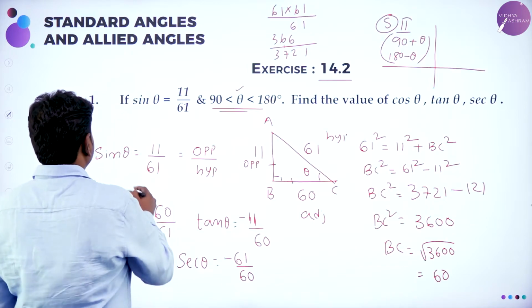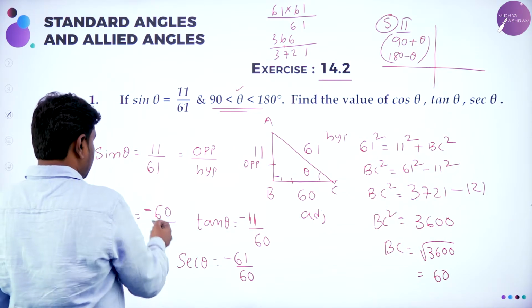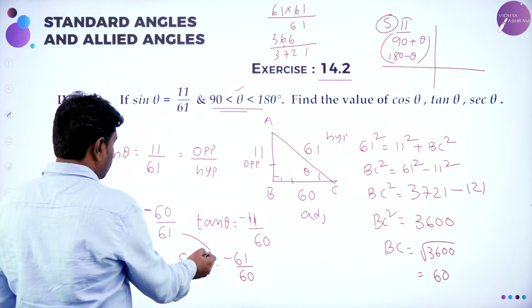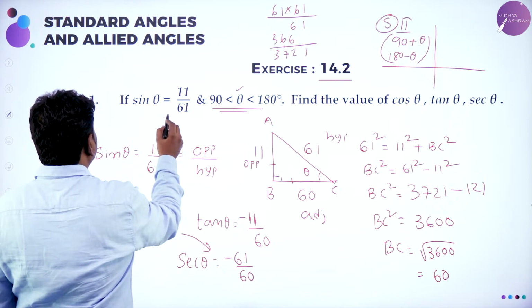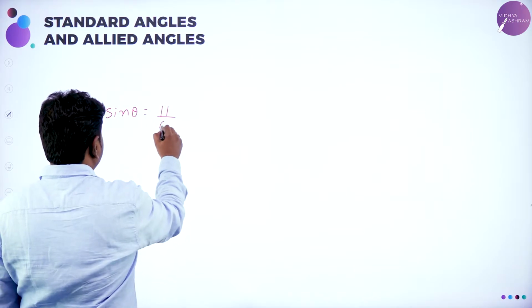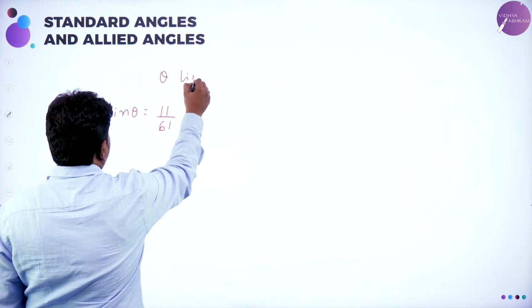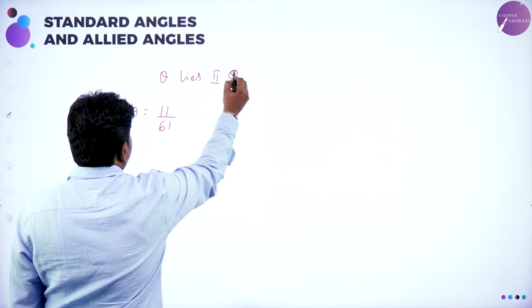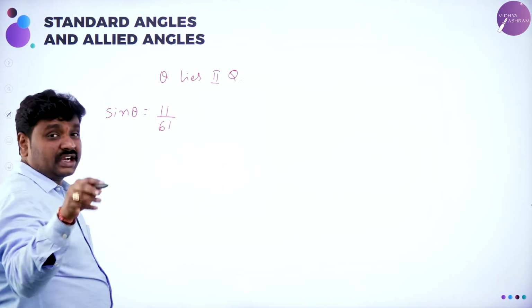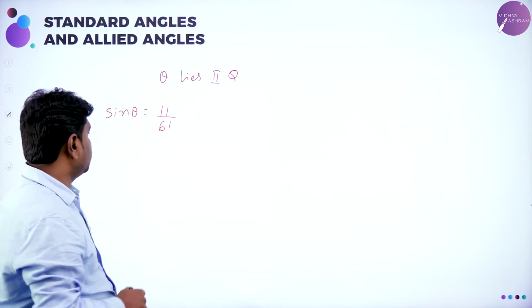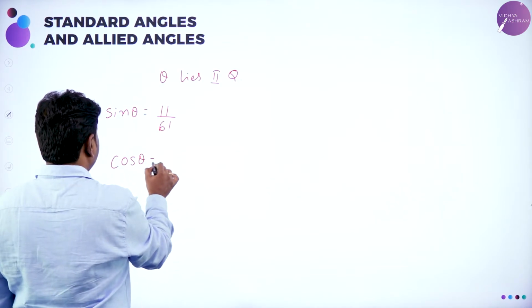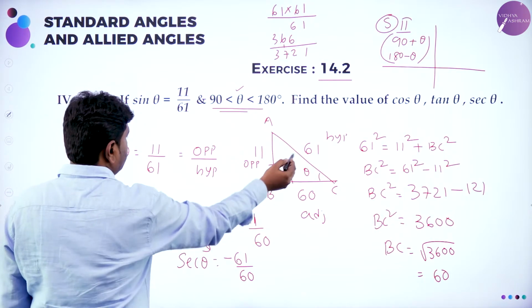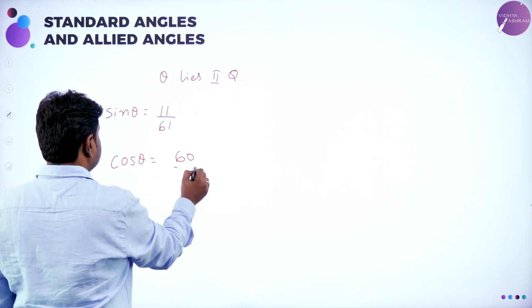They wanted cos, tan, secant. We got the values. Sin theta they gave. What is sin theta given? 11 by 61, it is positive because theta lies in which quadrant? Theta lies in second quadrant because it is greater than 90 and less than 180. Then they wanted to find cos theta. Cos theta, adjacent by hypotenuse, that is 60 by 61, but negative.